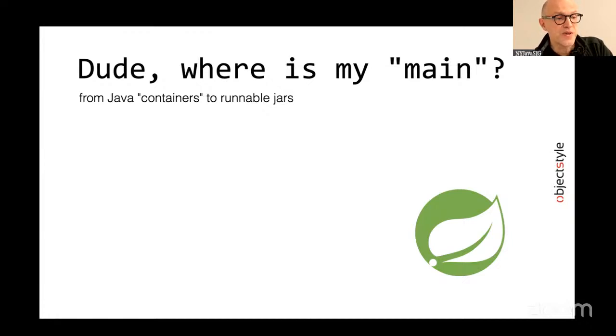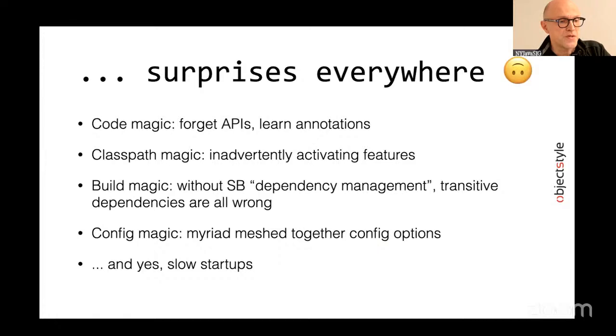The second thing that we tried was actually Spring Boot, and we did some demos and proof of concept applications. What we found is this: there were surprises everywhere. Spring Boot redefined so many basic assumptions for me as a Java programmer that it was pretty much unbearable.